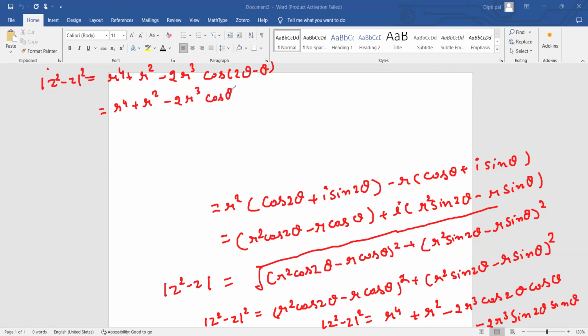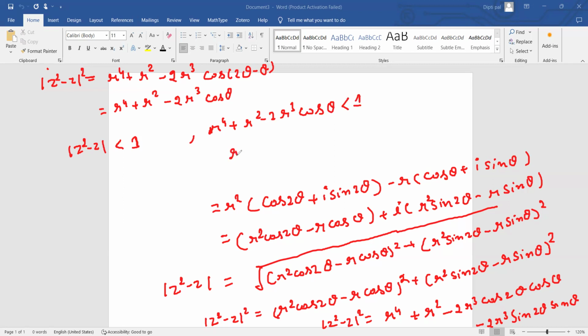We know that modulus of Z square minus Z whole square is less than 1 when r to the power 4 plus r square minus 2r cube cos theta is less than 1.